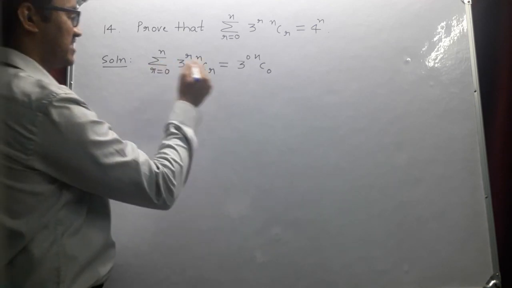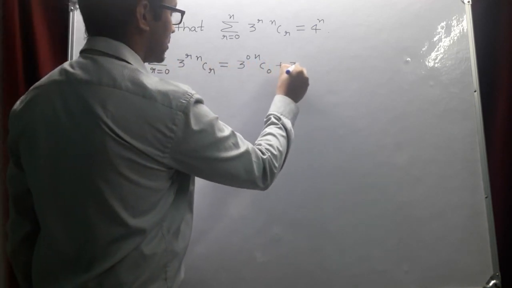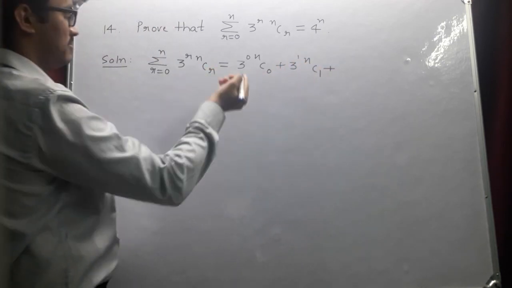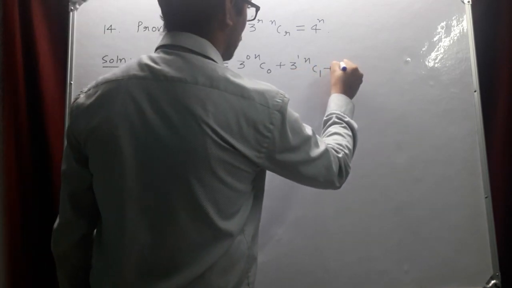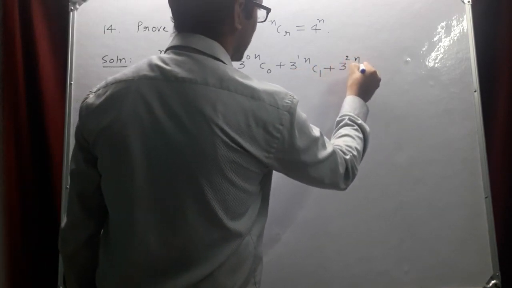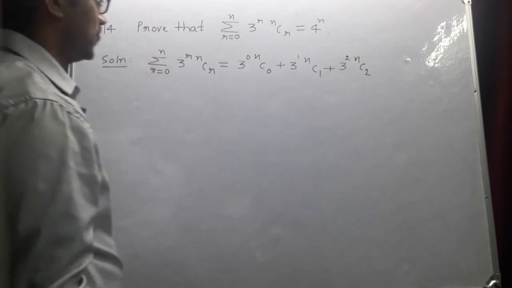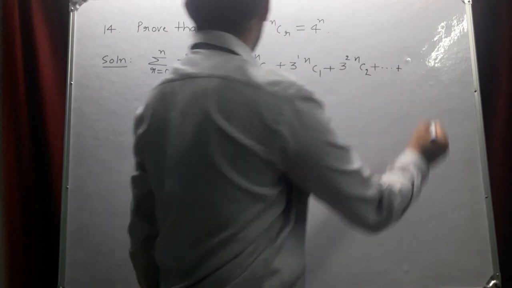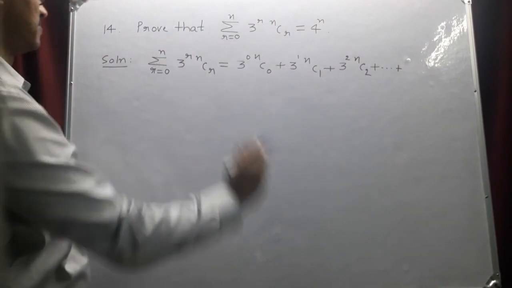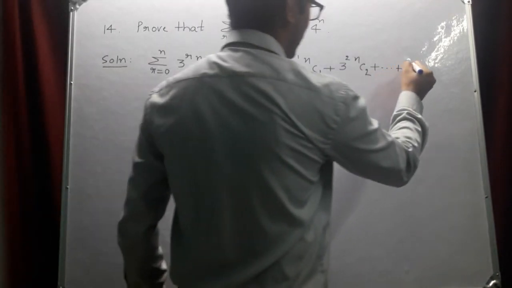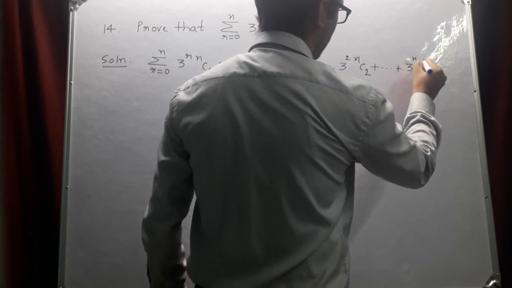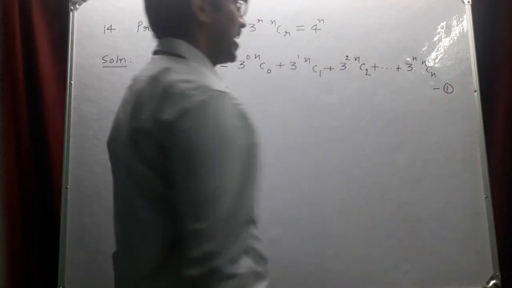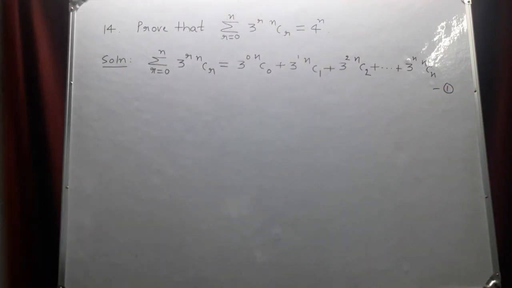If we give r is equal to 1, 3 power 1 nC1, plus r is equal to 2 means 3 square nC2, and so on. The last term is when r is equal to n. So what we will get? 3 power n nCn. So consider it as equation 1.